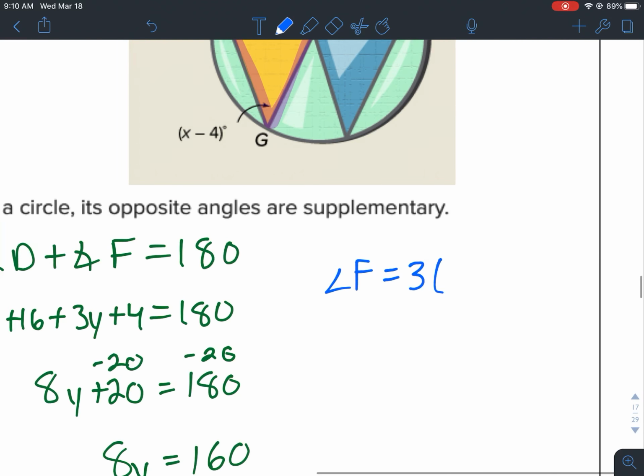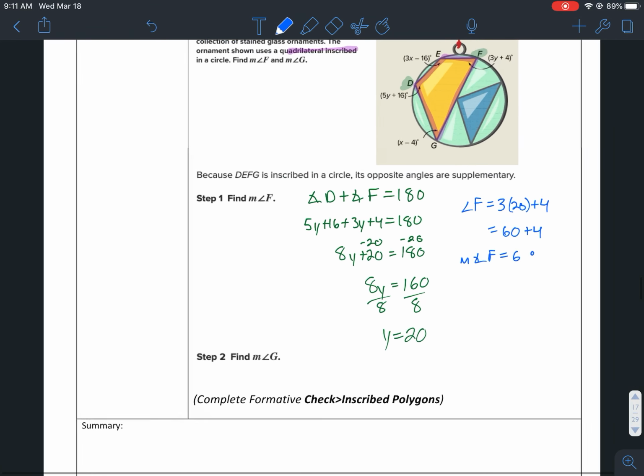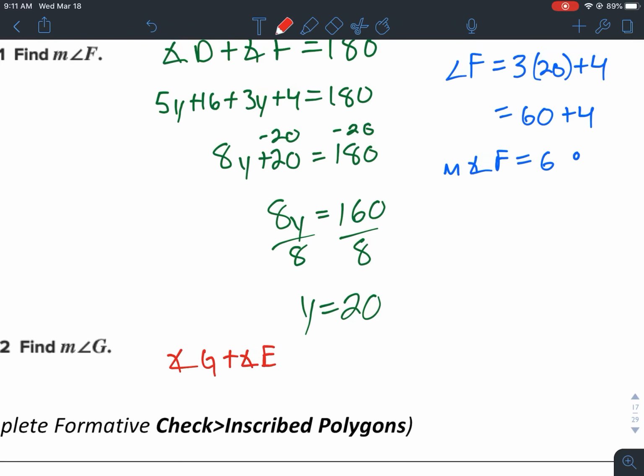Right, so we know what angle F is, and if you want to find angle G, you would do something similar, but you would be looking at opposite angles, G and E, and you can write a statement, just like I did before. Angle G plus angle E, oh my muscles, look at that, equals 180.